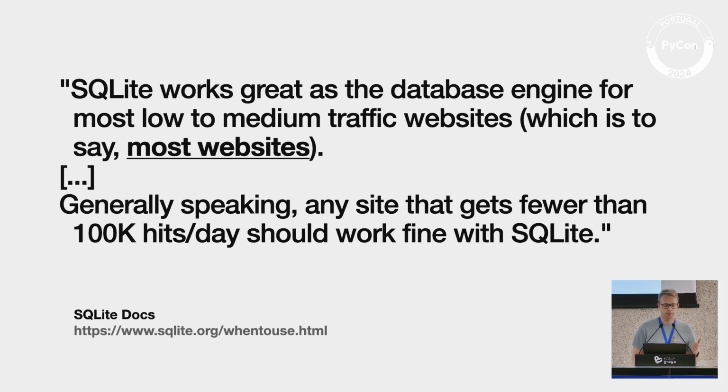And the number that they put up here, 100,000 hits per day, that's a huge number. If you remember the charts from my talk yesterday, that's how much traffic I get in a month. So for all of my use cases, it sounds like SQLite should be perfect.